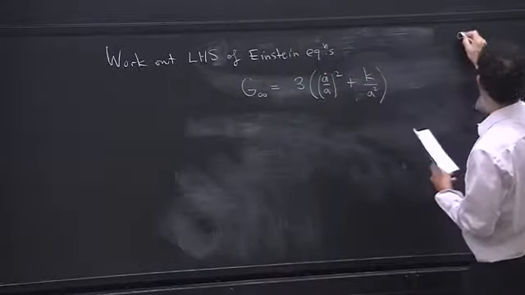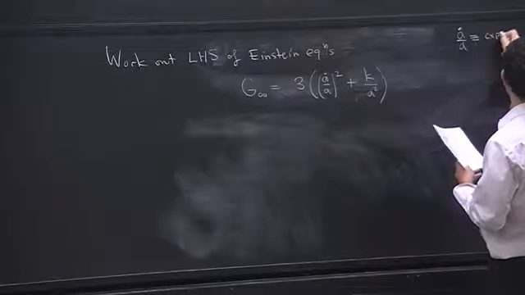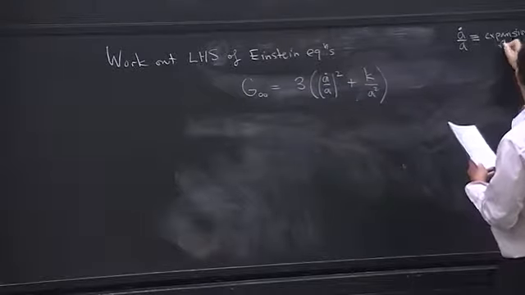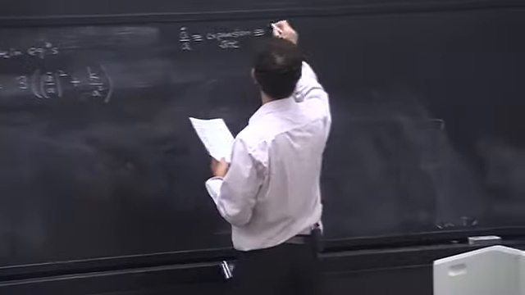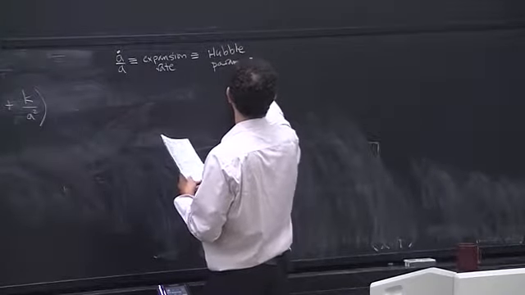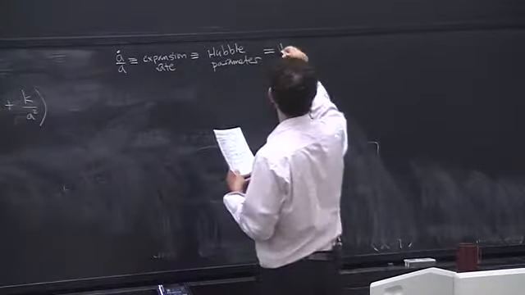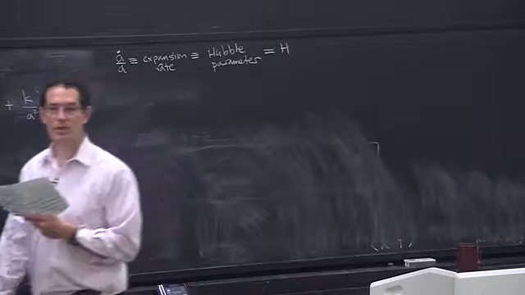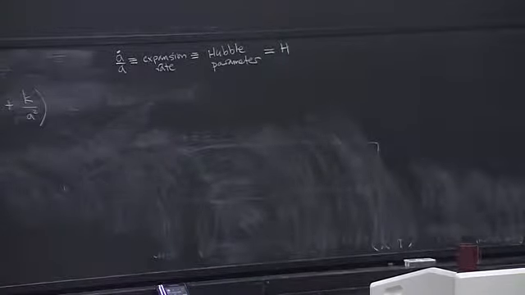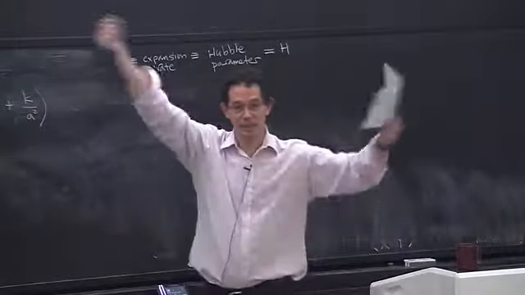A dot over a is defined to be the expansion rate, which is also the Hubble parameter. It's often called the Hubble constant, H, but that's a terrible name because it's not constant. a of t is a function of time, and a dot over a is a function of time, so it's much better to call it the Hubble parameter. That's just the rate at which space is expanding.